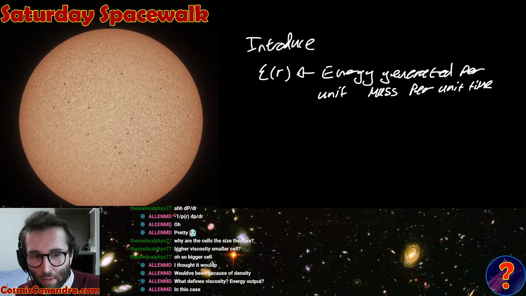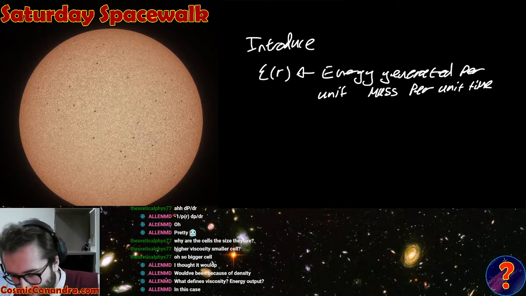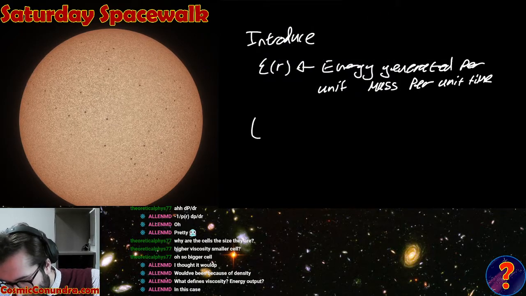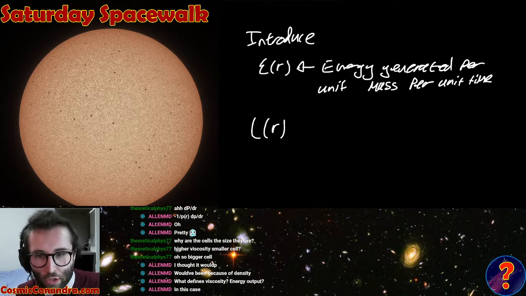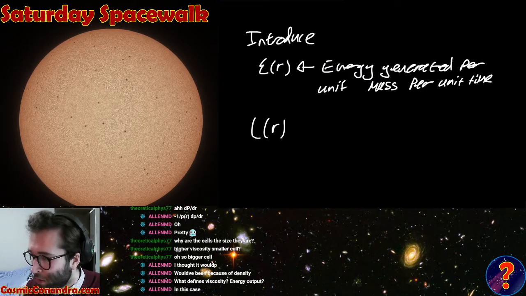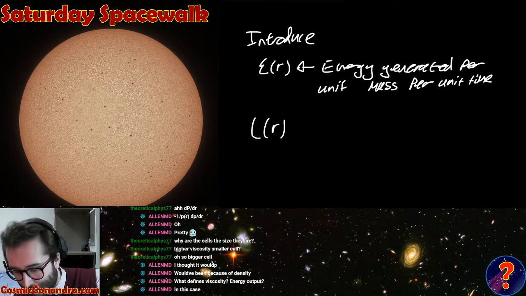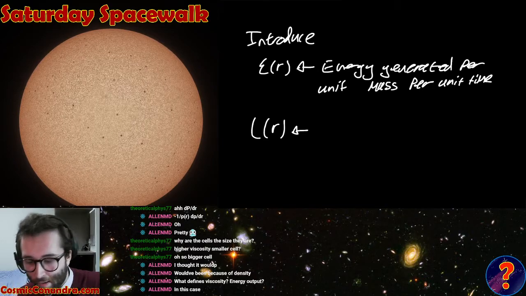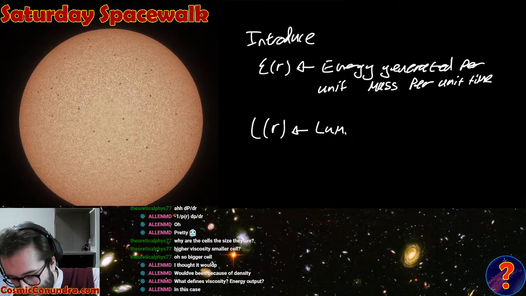So that's the first thing we wanted to introduce, this epsilon r. Next, I want to introduce L r, L for luminosity. This is the luminosity produced within this radius r. Remember, we're always thinking about these shells of some radius r.